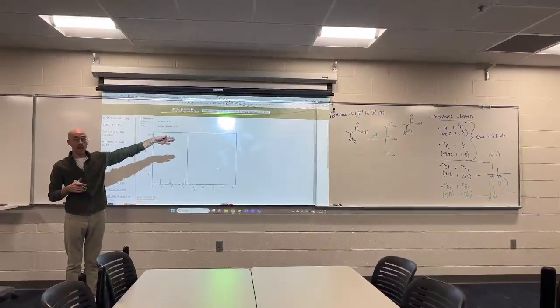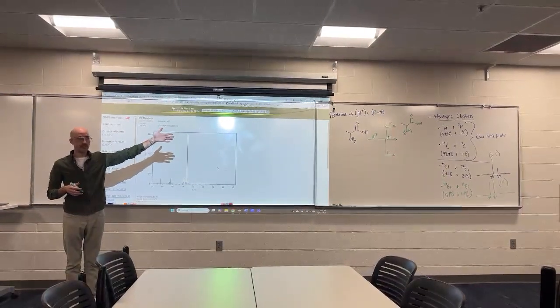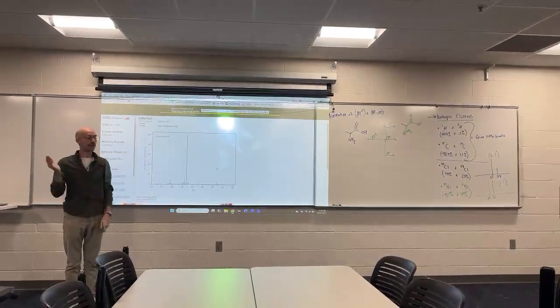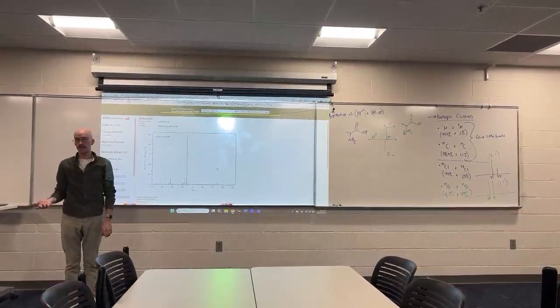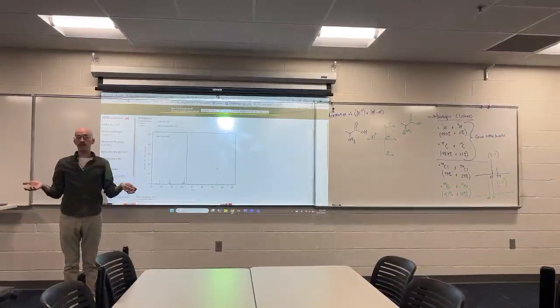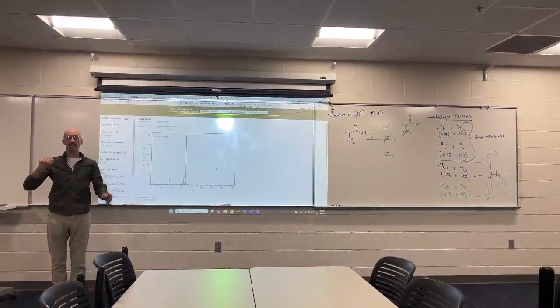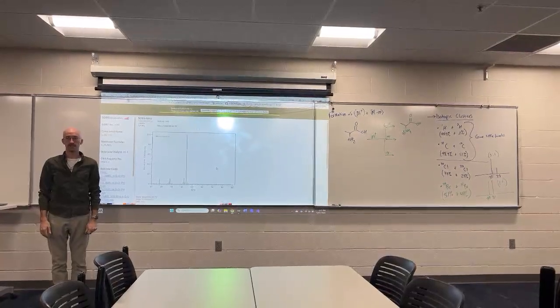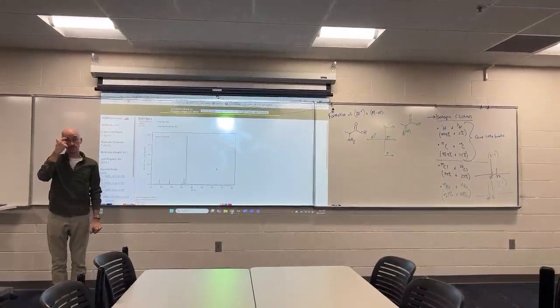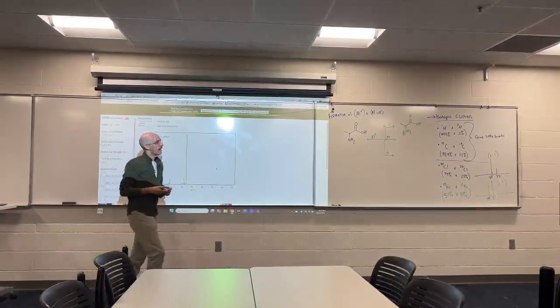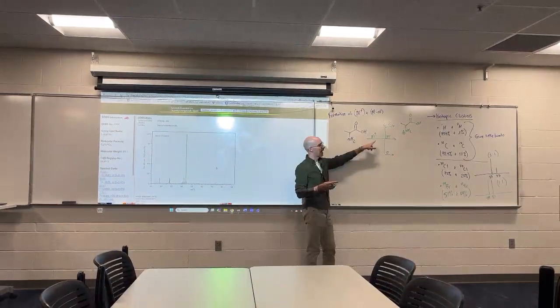That is a radical cation. You see how it is both a cation and has a radical electron. And so it gets pulled by the magnetic field to the detector. And how much does the molecule weigh? 89. It hit the detector at 89. That gives a signal of 89 m per z.